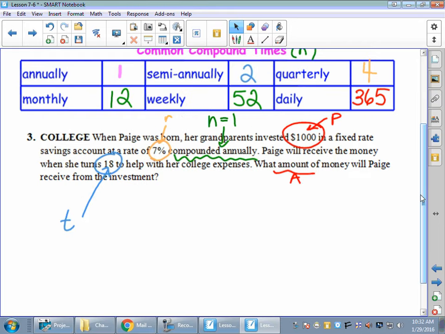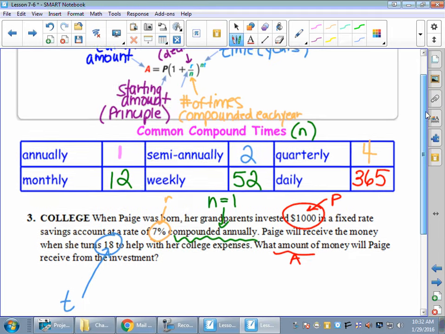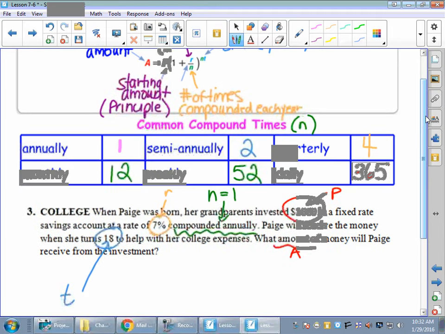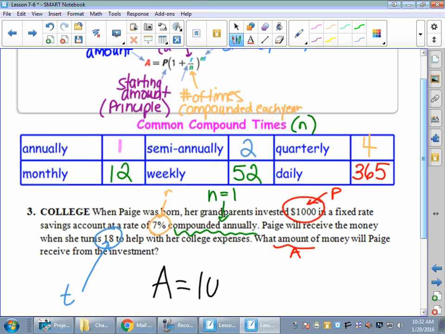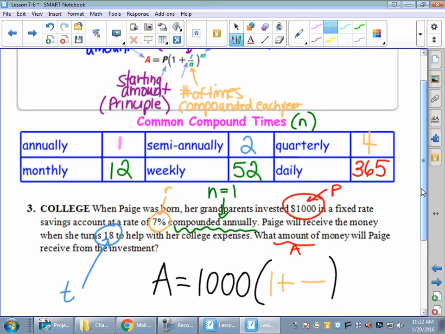So look at your paper. I'm going to scroll down so I can set up my formula, and then I'm going to scroll back up. So A equals, we don't know. P, our starting amount or our principal, is $1,000, parenthesis, 1 plus, and then we've got to do R over N. Well, our R is our rate, and we're going to turn that into a decimal, so I'm going to do 0.07 over N, how many times it's compounded each year.